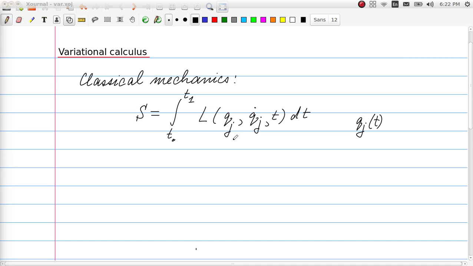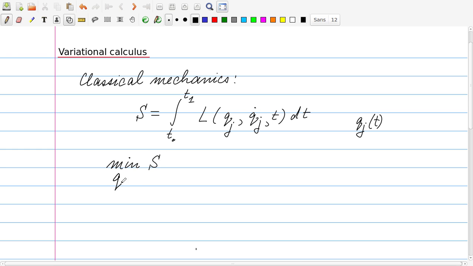And the time evolution of the qj, which obeys Newton's equations for classical mechanics, is found by minimizing the action. And the action depends on these functions qj of t. So we try to find the minimum of S as a function of the functions qj of t.